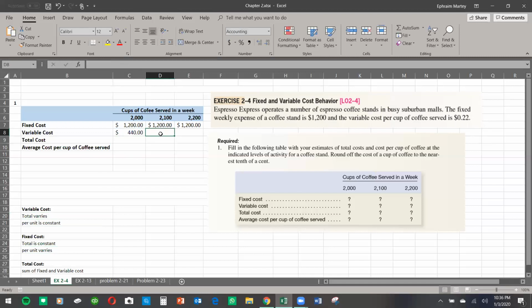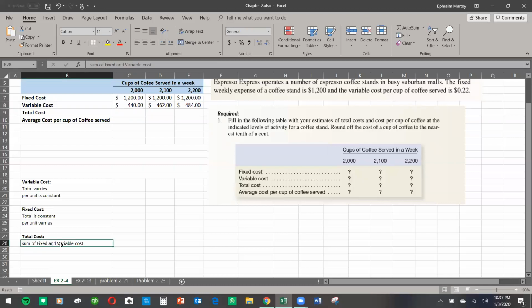Here too it will be 0.22 times the number of coffee cups served, which is 2,100. We come here and do the same thing: 0.22, the variable cost per cup, times the number of coffee cups served. So we can tell that the total variable cost varies depending on the number of cups they serve.